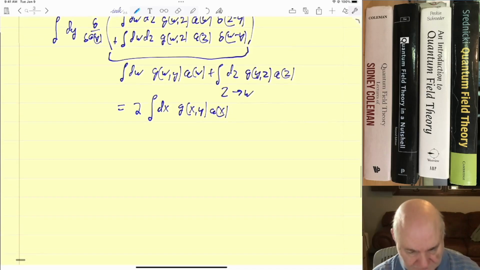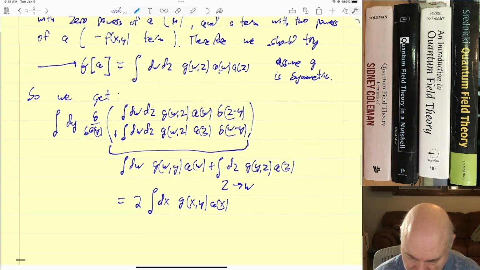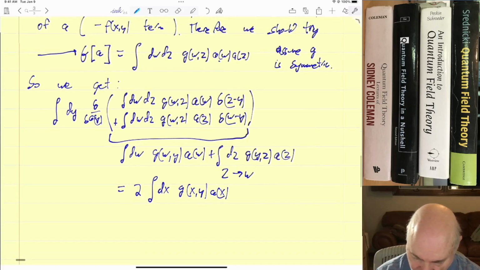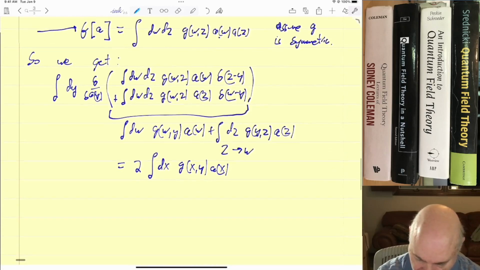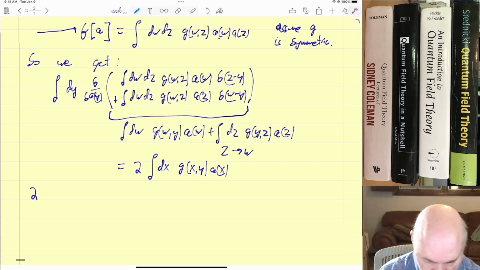So now let's go back to our differential equation. Now I have to take another derivative del a y of this. This is going to give me a delta function of x minus y, so I'm going to substitute in y. So my differential equation all the way back up here is going to be 2 times the integral of dy.